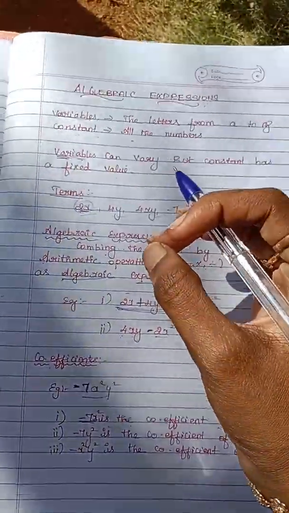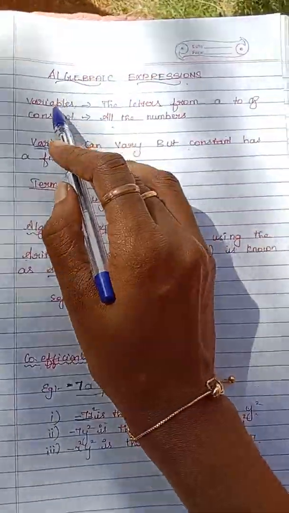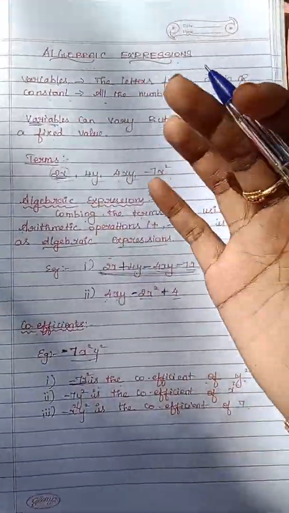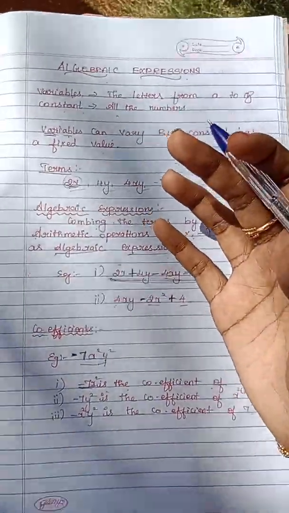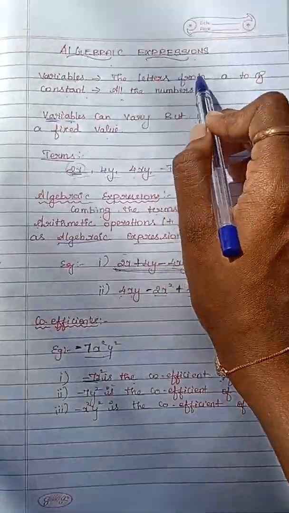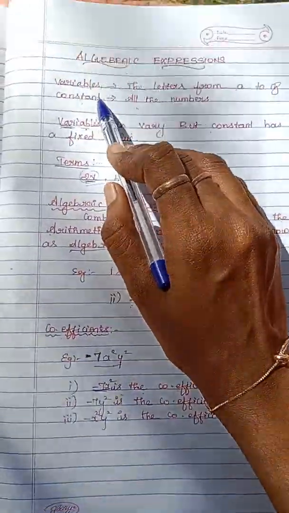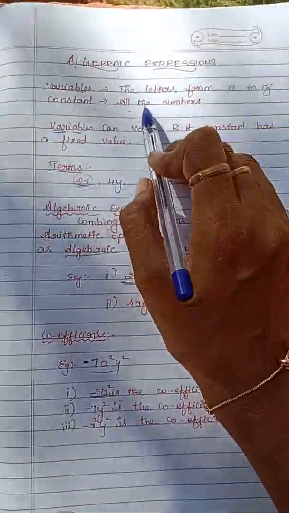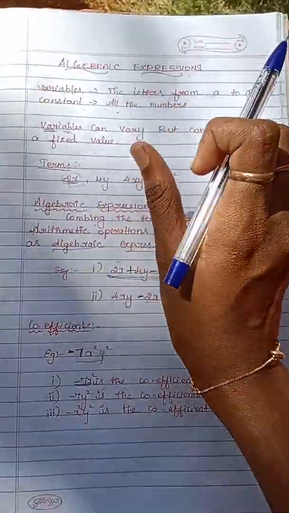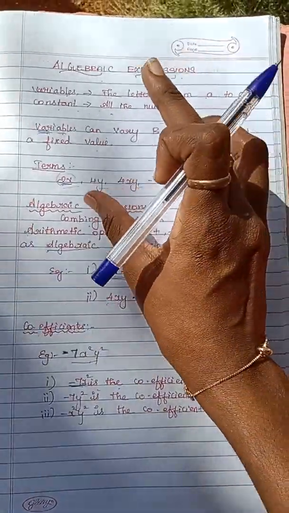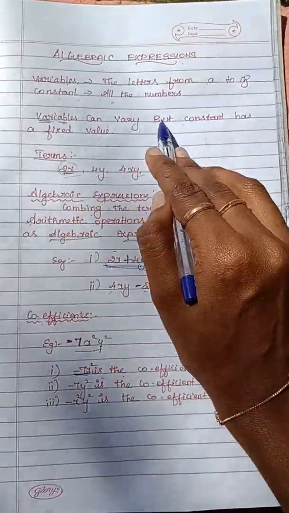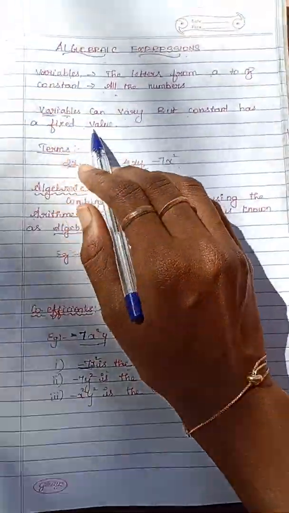Variables will vary; it is possible to change their value. Variables are the letters from A to Z. Constants are all the numbers; all the numbers from 1 to infinity are considered constants. The word constant means it won't change, it remains the same. So a variable can vary but a constant has a fixed value.